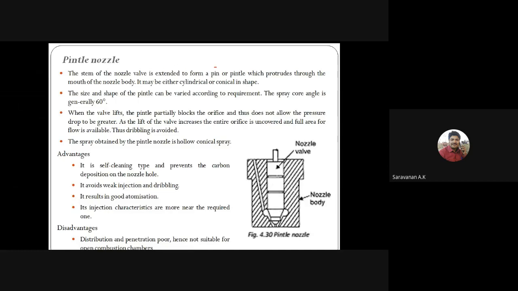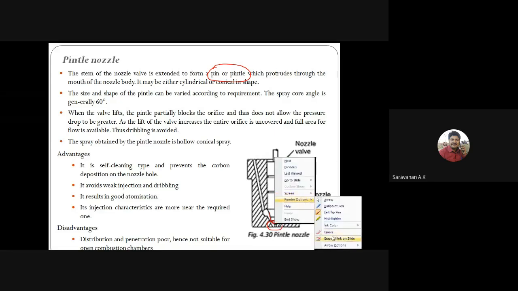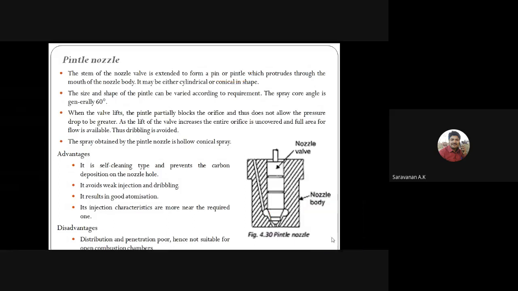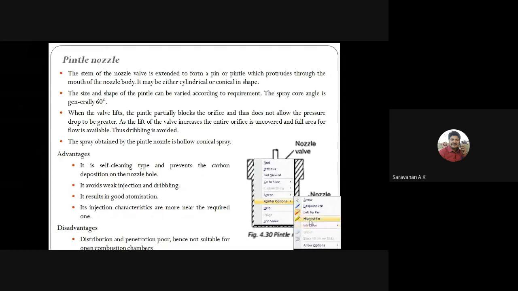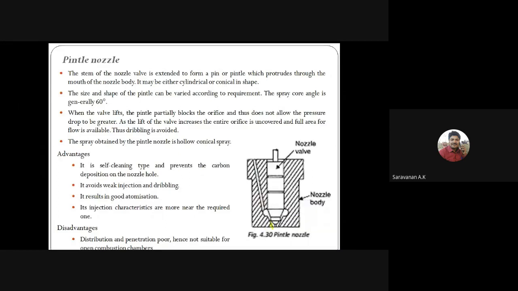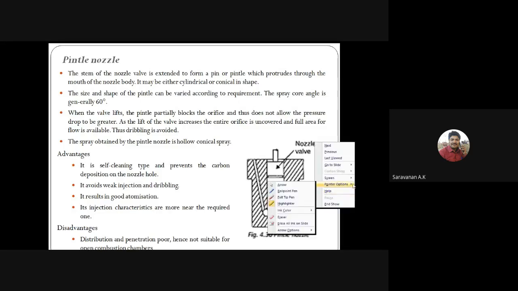So here you can see this is the nozzle, and it will have some extra projection. You can see a gap here, and some gap here. This is the nozzle.